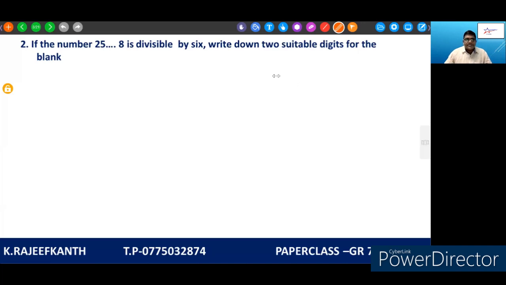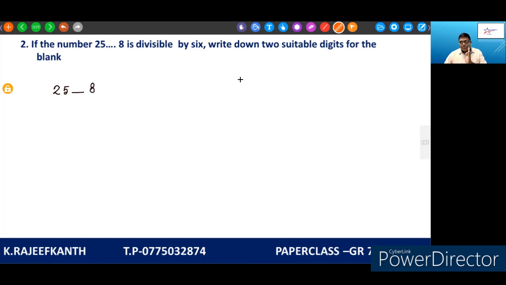Someone said the answer. Okay, right. If the number 25-8 is divisible by 6, write down 2 suitable digits for the blank. Here this number is divisible by 6.